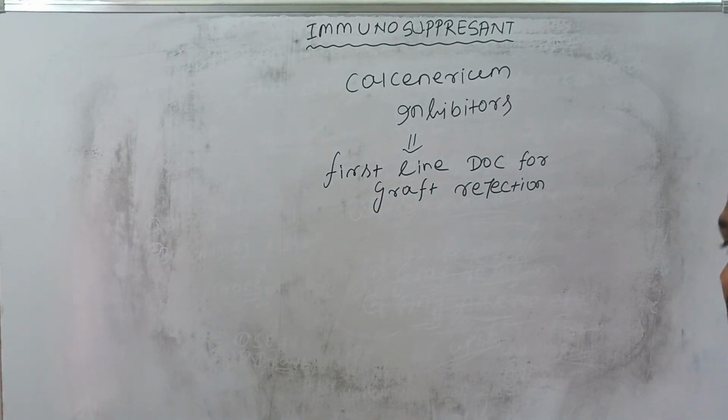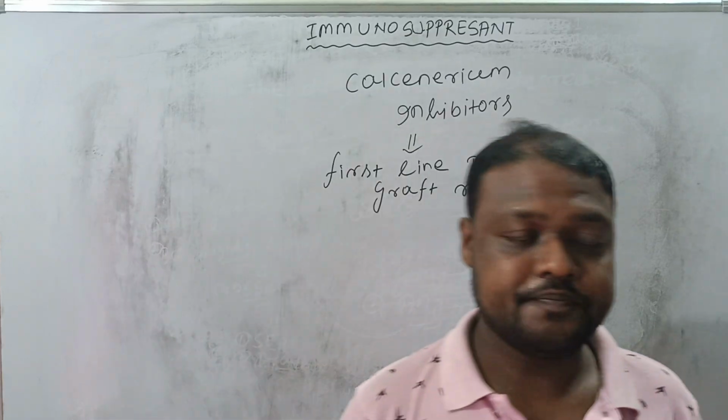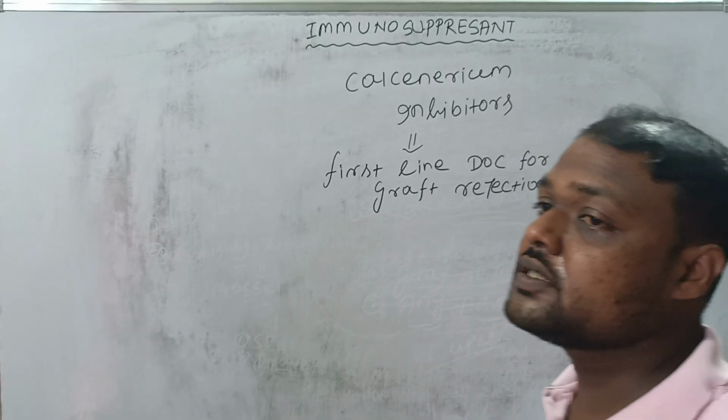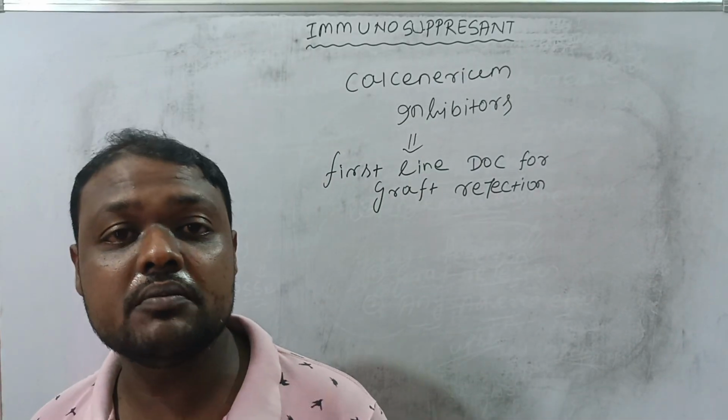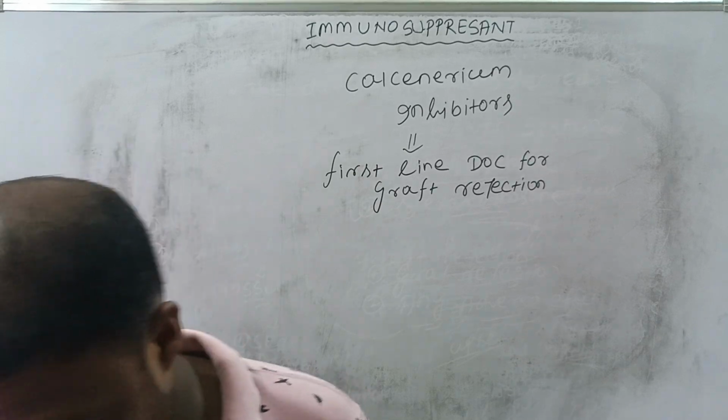So if the question asks what is the first line drug of choice for graft rejection, we put the answer: calcineurin inhibitors.